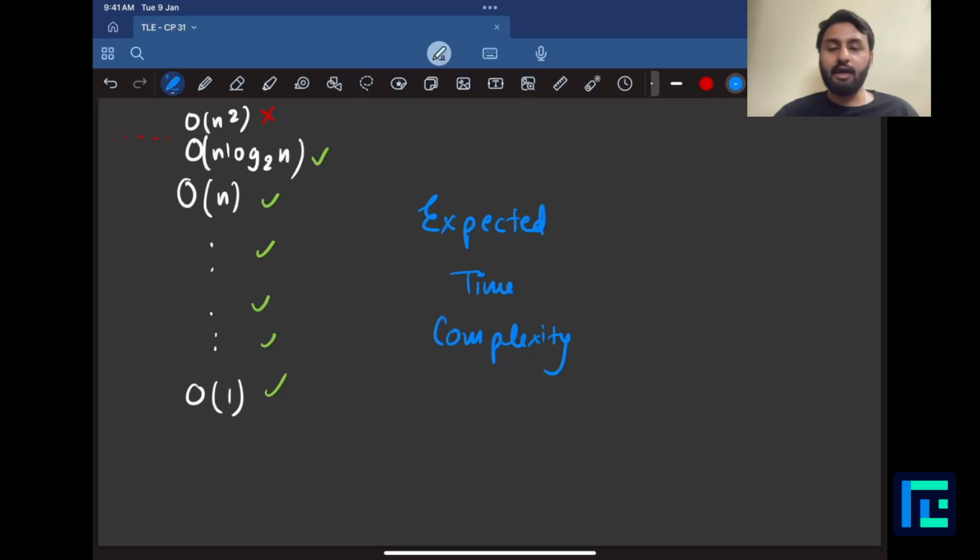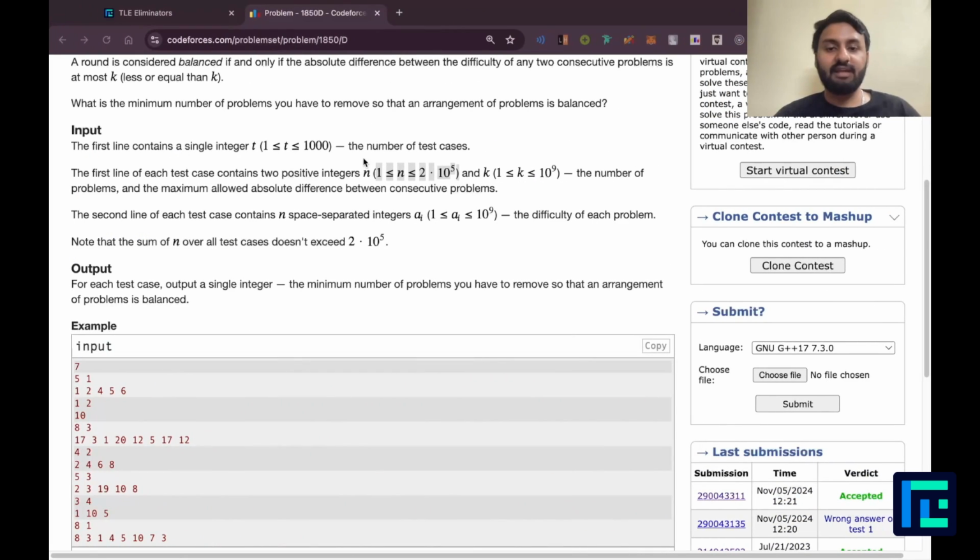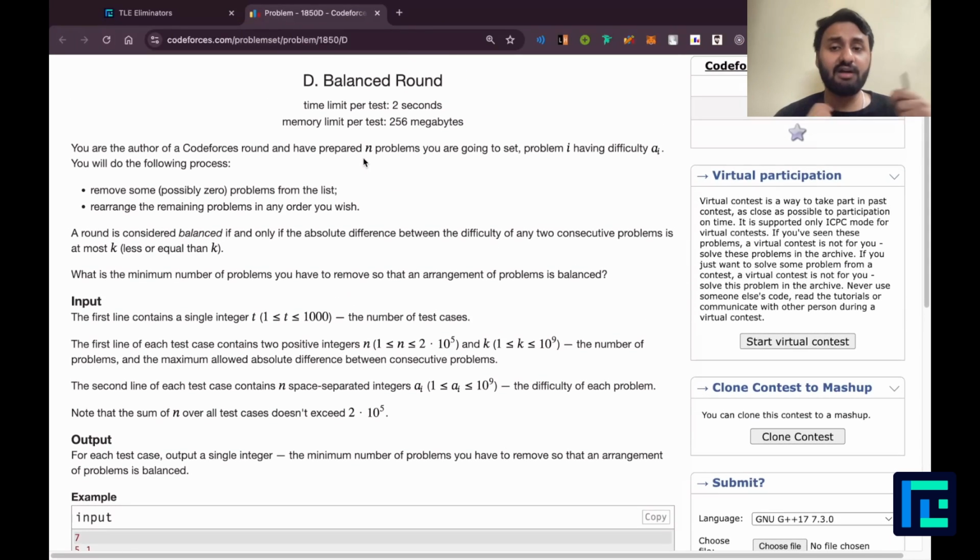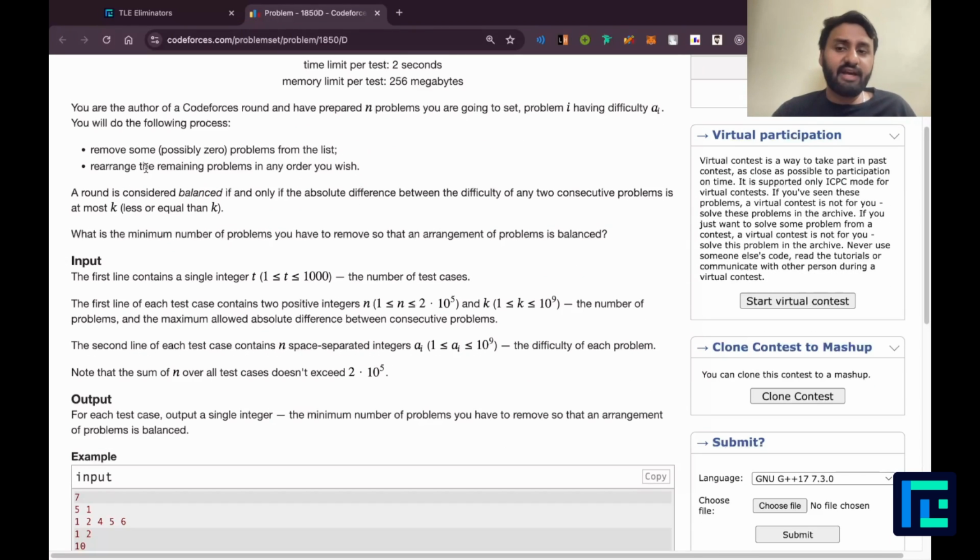All right, great. So now let us discuss the main crux behind the problem. How do we start solving this problem? So let's look over here at a very important operation. You can rearrange the problems any way you like. This is very important. Basically, it's giving you the power to rearrange any way, and those operations are not even getting counted. So this is very, very helpful. What I can do over here is ask a simple question to myself.